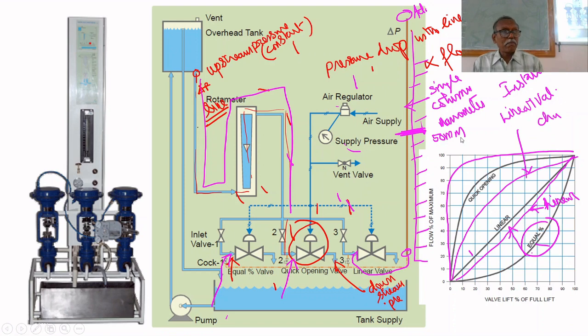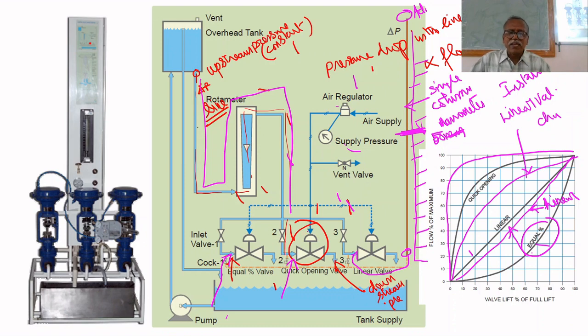If the flow rate decreases, this will go up above 50 mm.